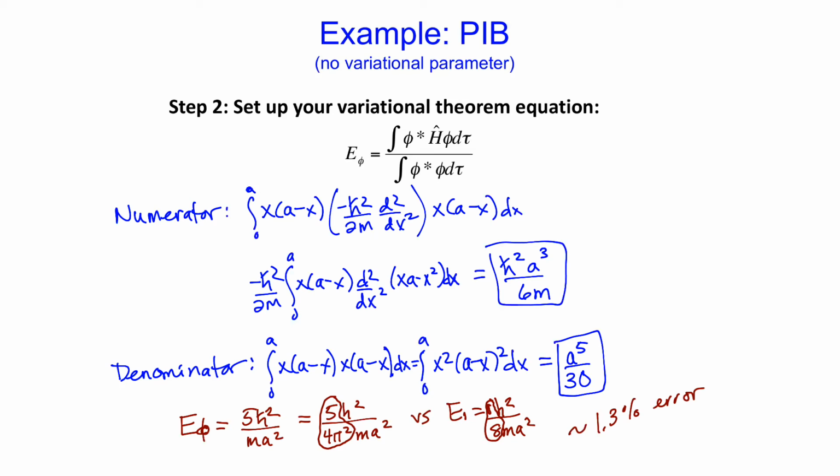So pretty good result, just using a pretty crude trial function. And then the other thing that we notice is that 5 over 4 pi squared is about 0.127, 126, 127 or so.